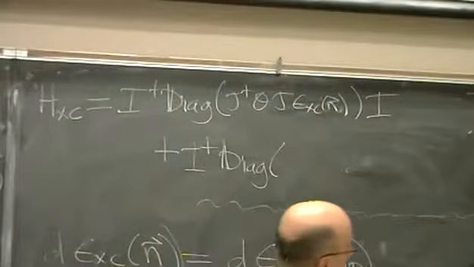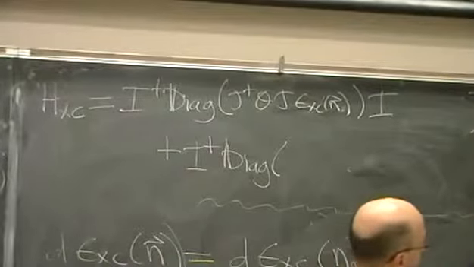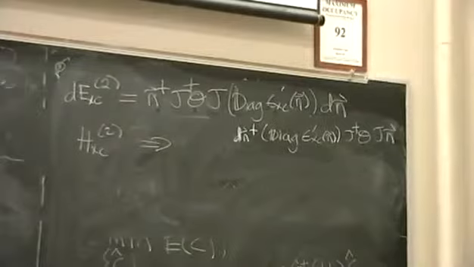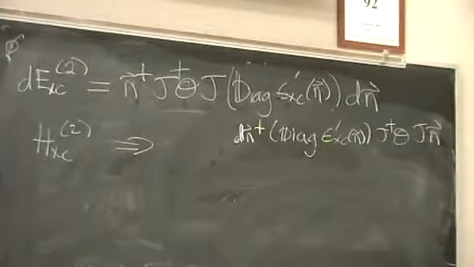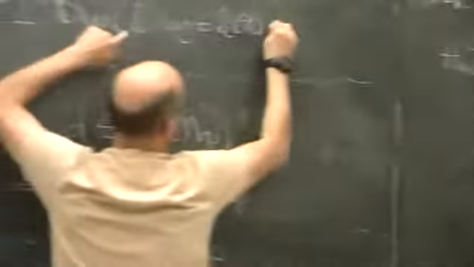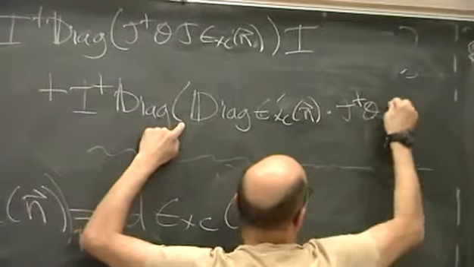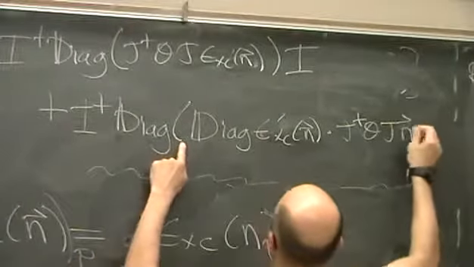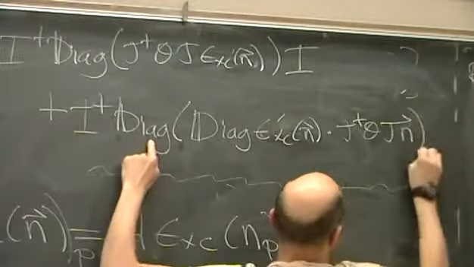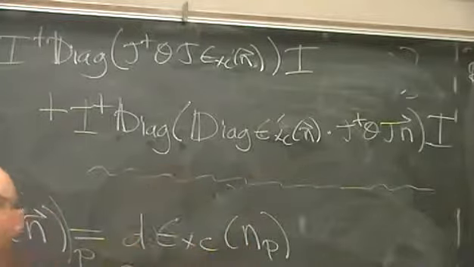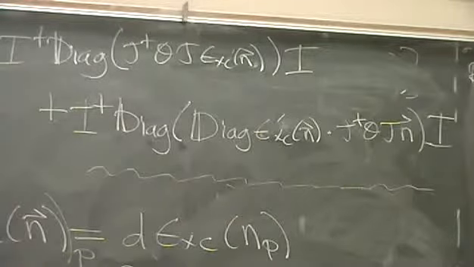Our guy in the middle is, oh man, it's this thing here. It's another diag inside the outer diag, right? So there's the diag of this EXC of n, kind of funky thing, multiplying J dagger O J n. Then that turns into a matrix, and then multiplies by, like so. What does that mean?